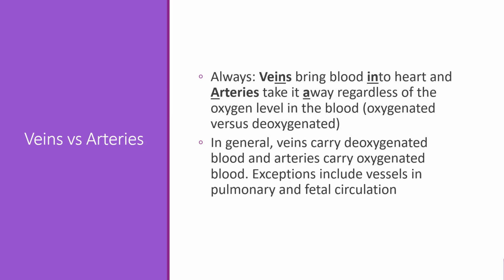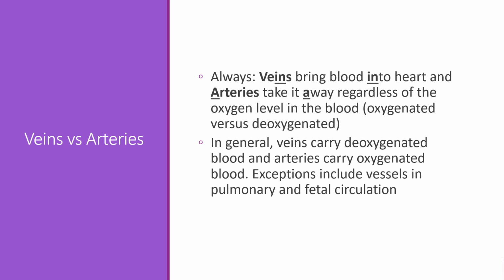And when we talk about systemic vessels in the next chapter and in lab, that's mostly what we're looking at. And yes, if it's blue, it's a vein, and if it's red, it's an artery. But in this chapter, that's not the case because we have pulmonary vessels that we're going to be looking at.